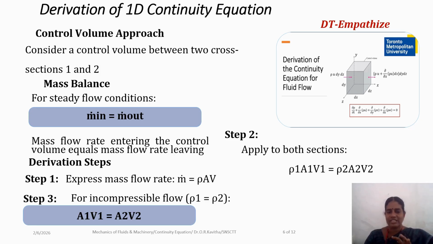In step 1, first we calculate the mass flow rate, which is nothing but rho times A times V. For the two sections, the mass flow at section 1 is rho 1 A1 V1 and at section 2 is rho 2 A2 V2. If it is incompressible flow, the density is equal. Therefore A1 V1 equals A2 V2.